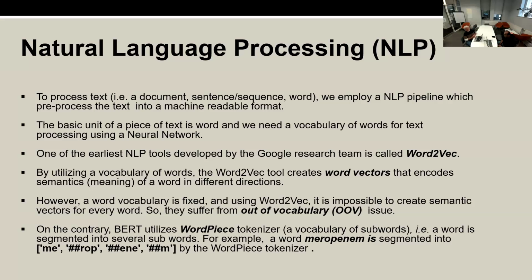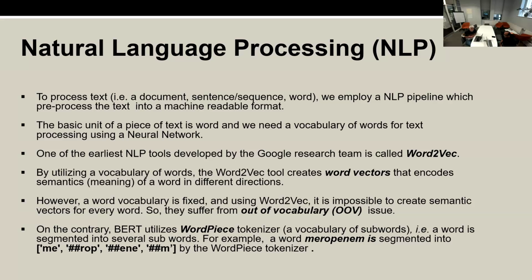The basic unit of a piece of text is a word, and we need a vocabulary of words for text processing using a neural network. So we process the text and identify all the unique words in the corpus. That essentially creates the vocabulary.